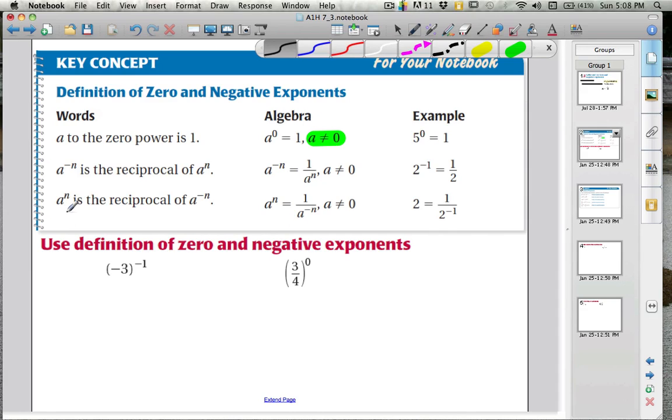And a to the n is the reciprocal of a to the negative n. That's just the converse of what we just said. If I have negative 3 to the negative 1 power, that's going to be 1 over negative 3 to the first power. And 3/4 to the 0 power is equal to 1.